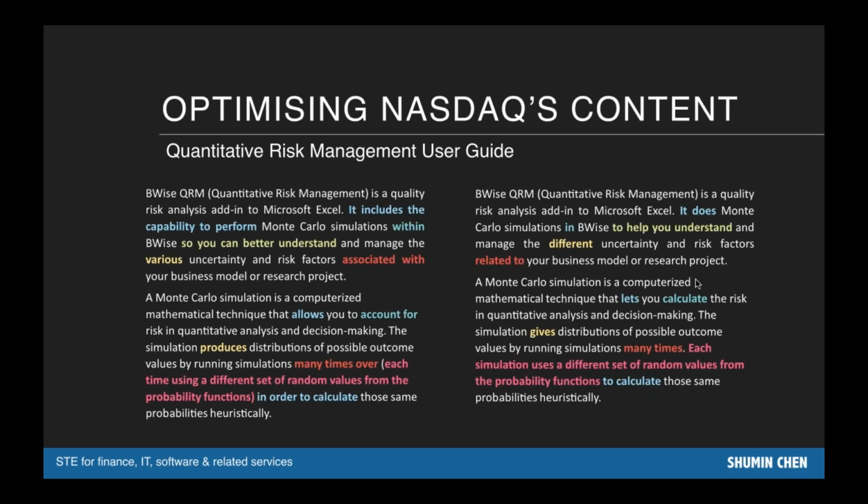Okay, you see that some of the words have been changed, and you probably would know that it's quite likely STE doesn't allow for certain words like the capability to perform. So it includes the capability to perform Monte Carlo simulations within BeWise. You don't have to say the capability, you simply say it does.